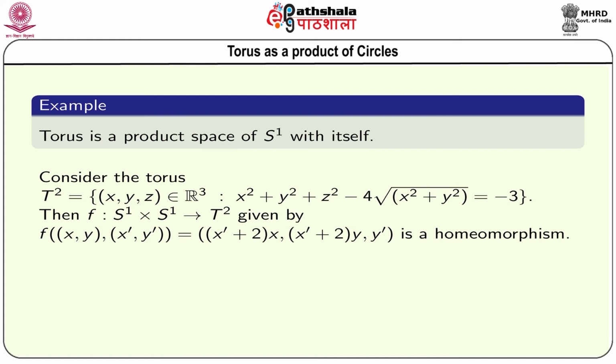Then, if we define a map F from S1 cross S1 to the torus T2 described by F of the pair xy comma the pair x dashed y dashed is equal to the triplet x dashed plus 2 times x, the second component is x dashed plus 2 times y and the third component is y dashed.